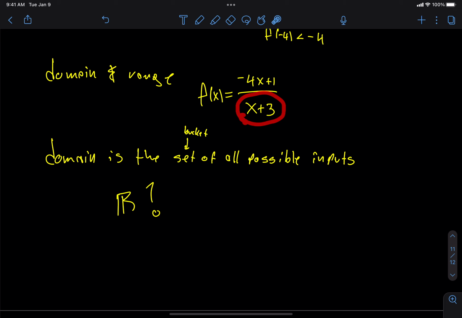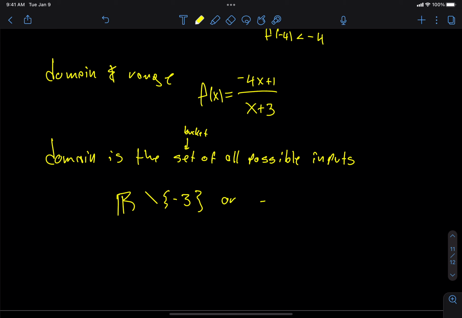What happens if I plug -3 into this function? I would get on top -11, and on bottom what would I get? If I plug in -3, I get 0 on the bottom. So I must exclude the number -3 from the domain. So I'm gonna set minus, you can do it this way if you want, and take out -3.